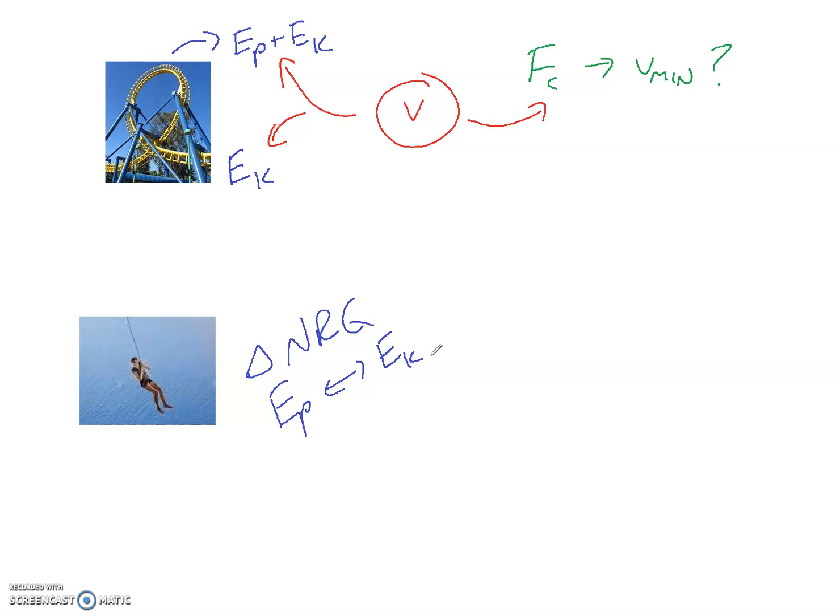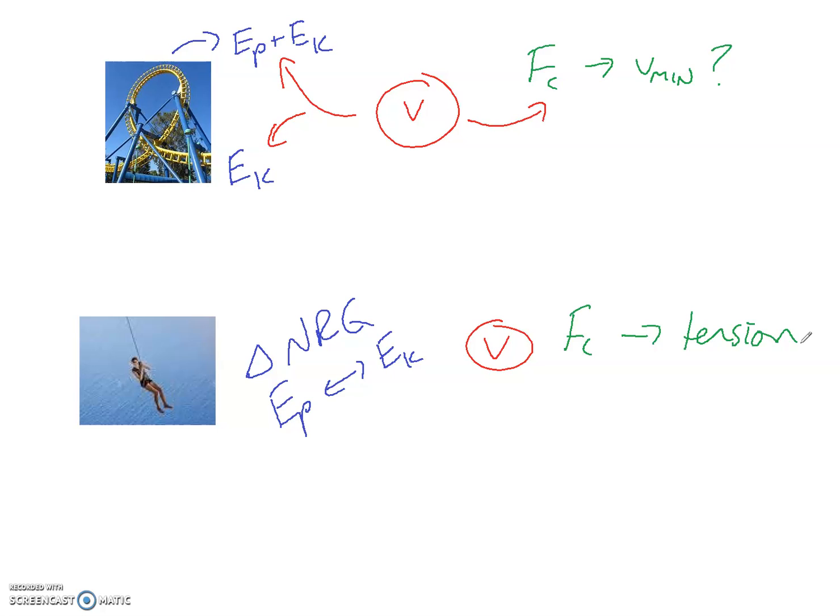Once again, it's really common to use the energies to find the speeds, especially at the bottom of the swing. Then we can take those speeds and apply them to the centripetal force, which is then connected to the tension in the rope. So once again, the speed binds the two things together.